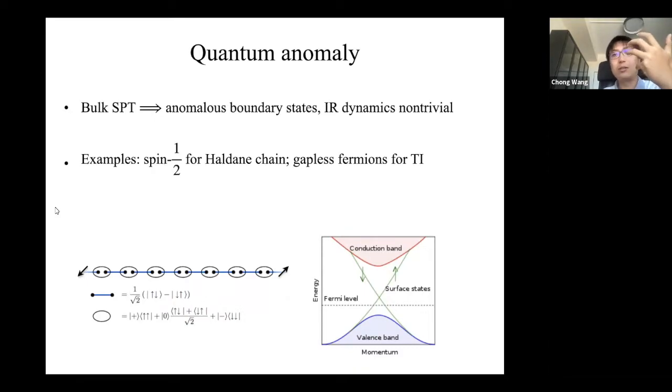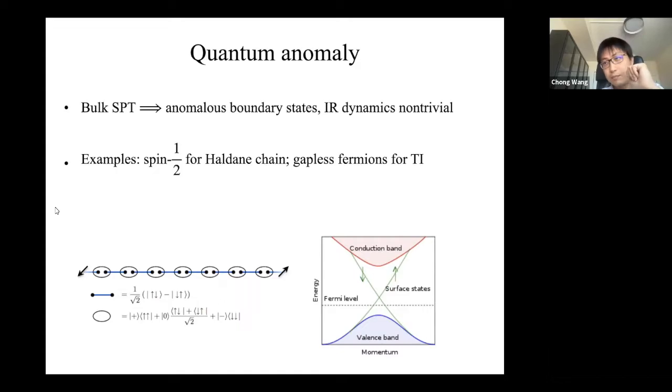In fact, it has to be non-trivial in some specific way. By non-trivial, I mean, for example, it cannot be gapped while simultaneously preserving the symmetry and without having any topological order. So it guarantees non-trivial IR dynamics at the boundary.